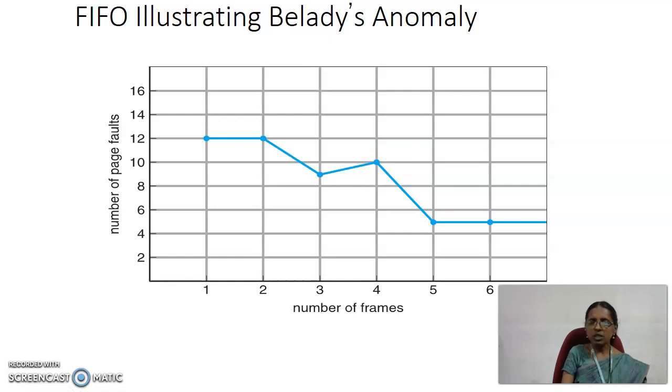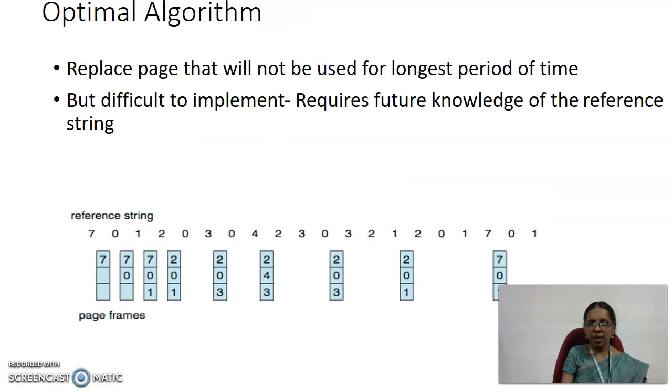So in order to recover from this Belady's anomaly, we can go for another algorithm called the optimal page replacement algorithm. Here the victim frame will be chosen based on the concept of replacing the page that will not be used for the longest period of time.